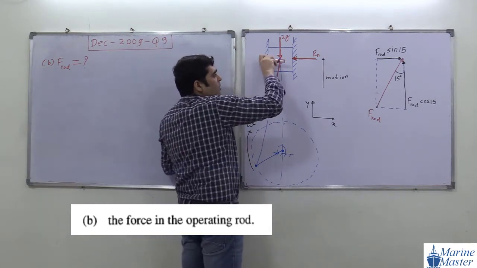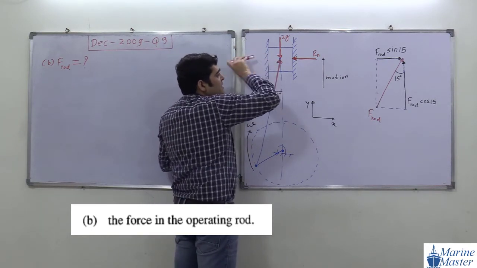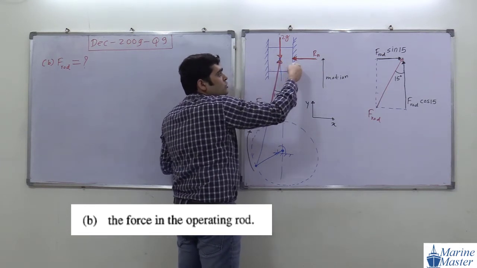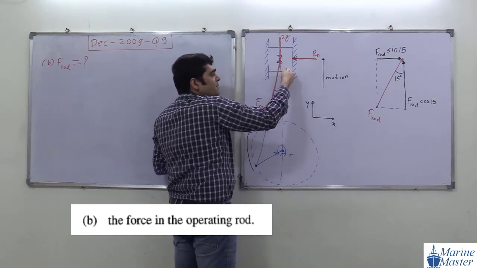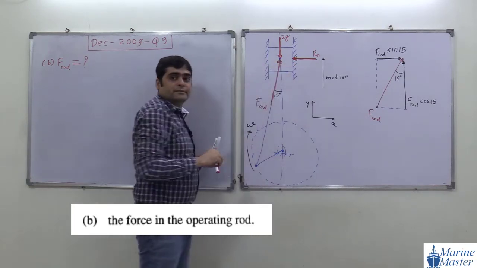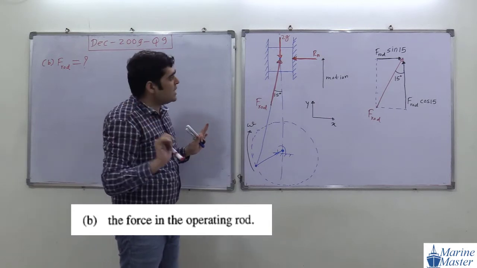Here this F rod sin 15 is going to push this block on this surface, so this surface will apply an opposite direction force. Are you getting my point, guys? Try to see the scenario here.